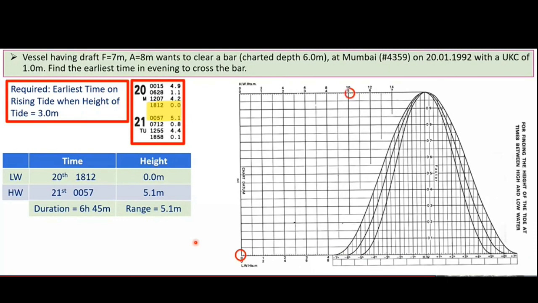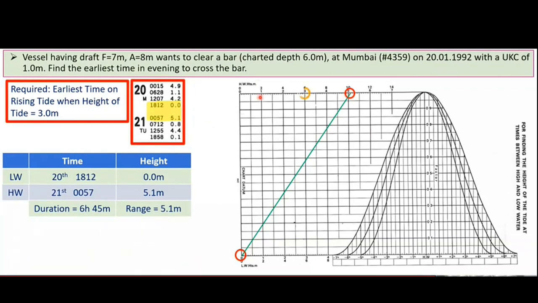We mark the high water on the high water scale, which is 5.1. We join them with a straight line and get the interpolation line joining 0 on this scale and 5.1 out here.